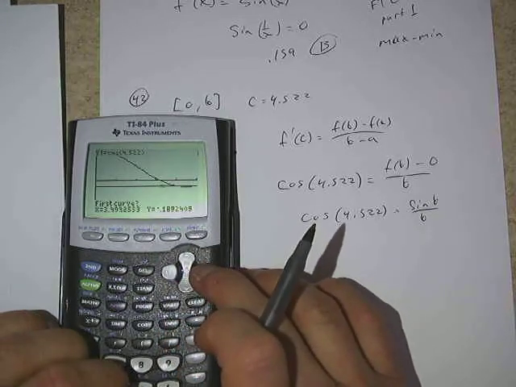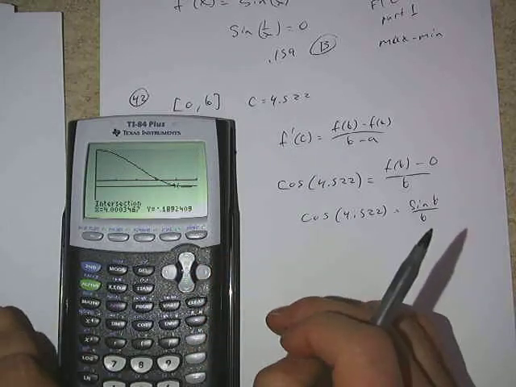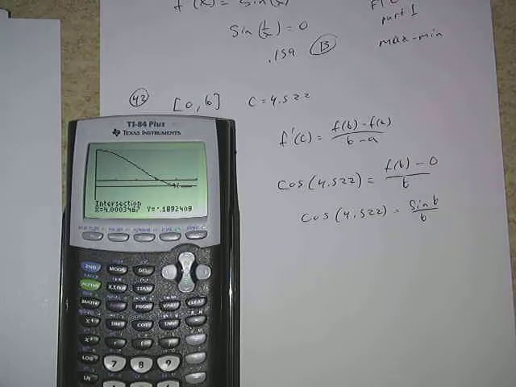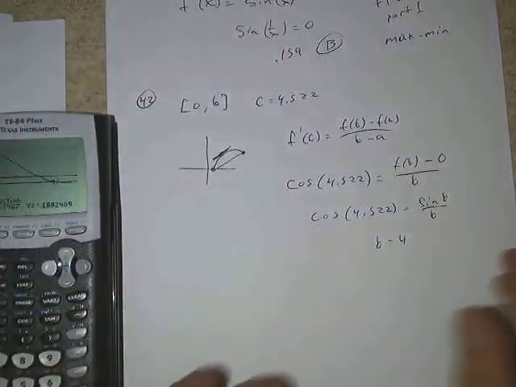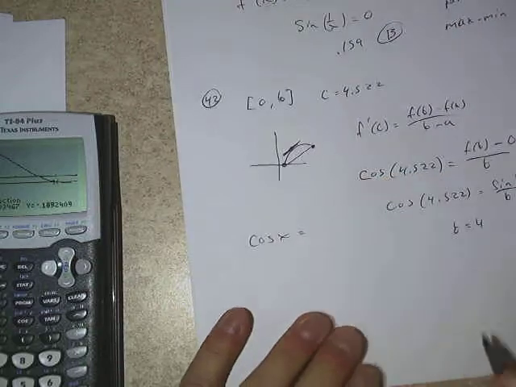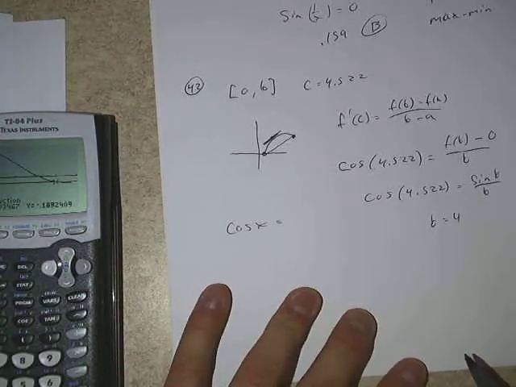See what we see. Looks like we do in fact have an intersection point there. Right? And if we do our intersection command, looks like we get 4.